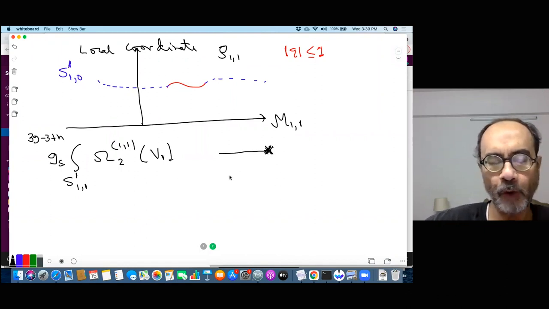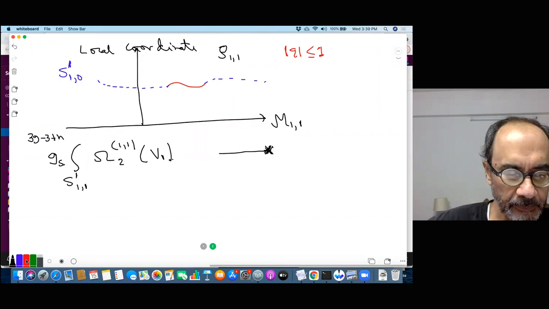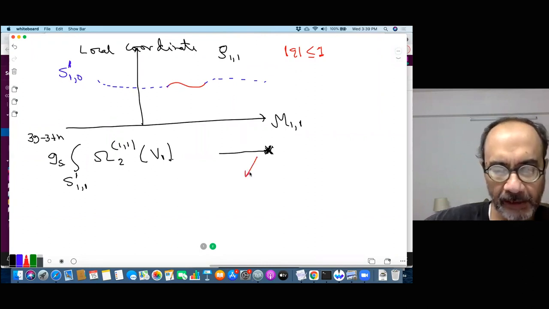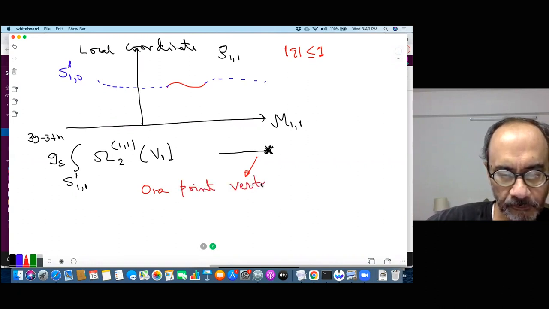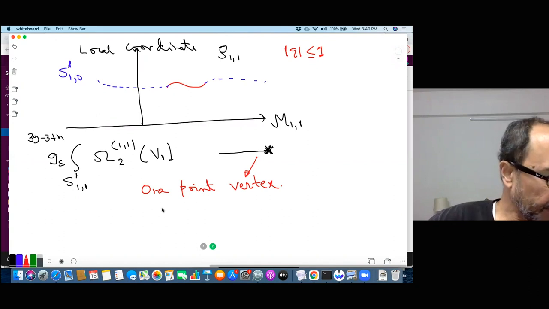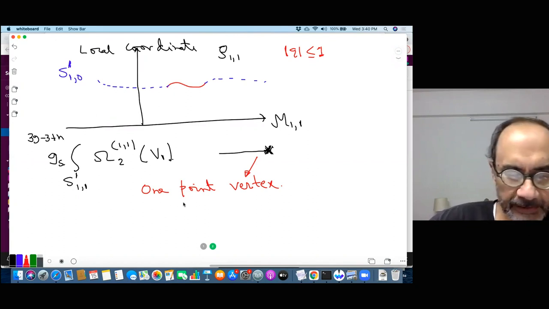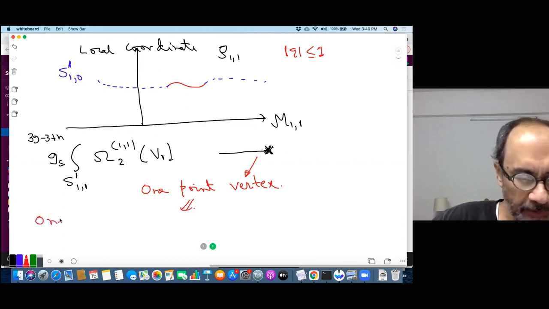So this is a one loop, one-point vertex, which you can think of as a one loop counter term.